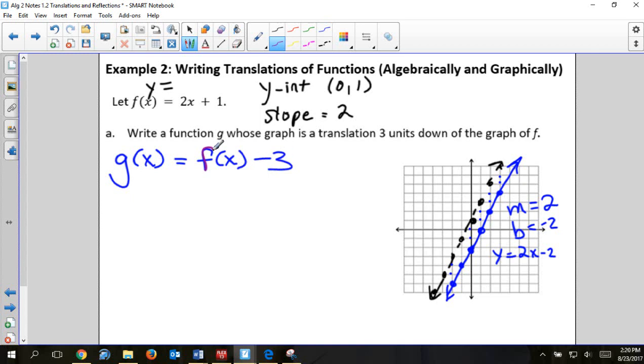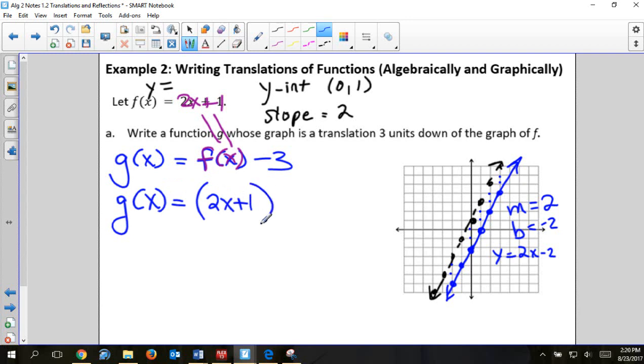Wherever I see f of x, I'm going to write 2x plus 1. These are equal to each other. So I'm going to have g of x is equal to my function (2x plus 1), and then subtract 3. So I replaced f of x with 2x plus 1.